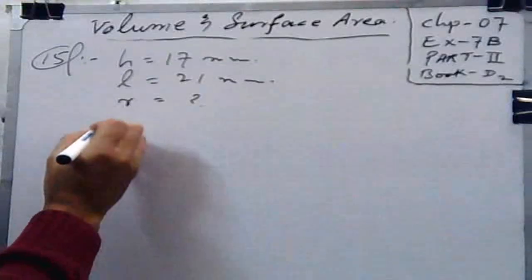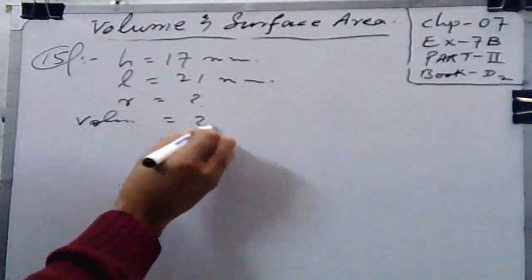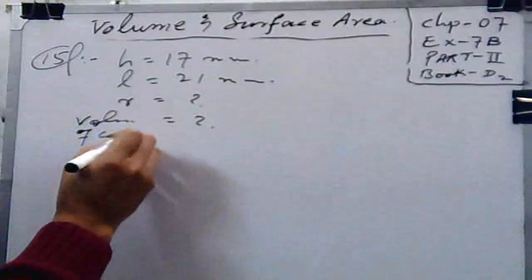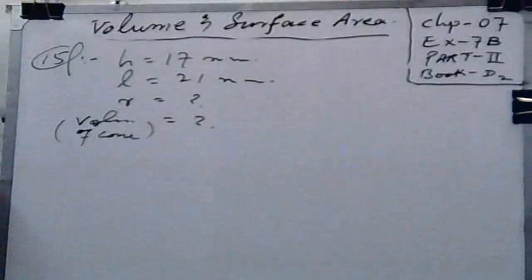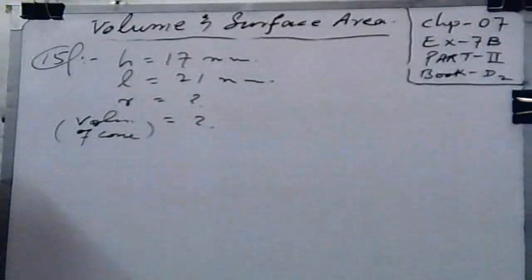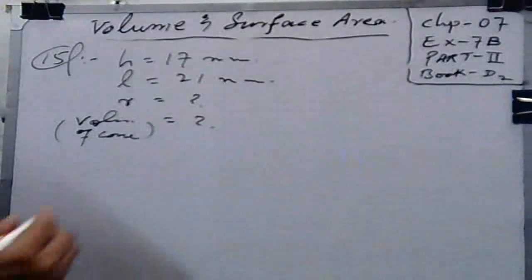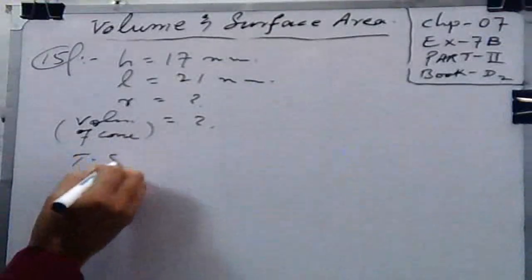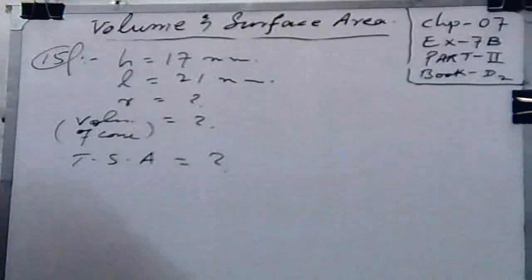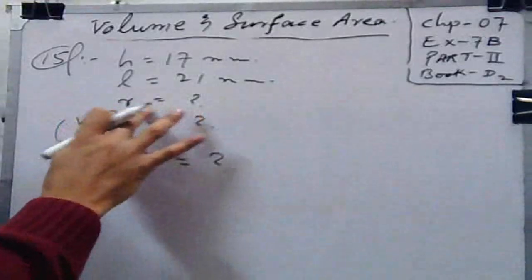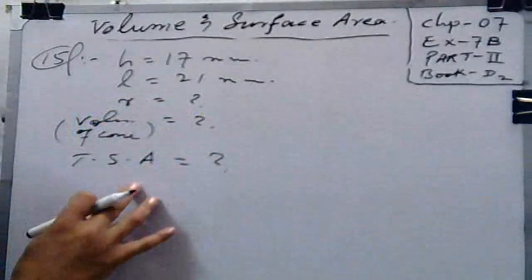Radius of the base we have to find, and find the volume and total surface area of the cone. Because we have not been given the value of r, we have to find r also here.